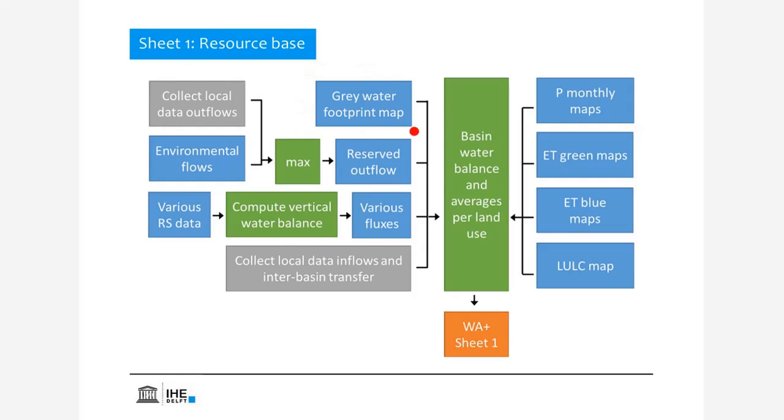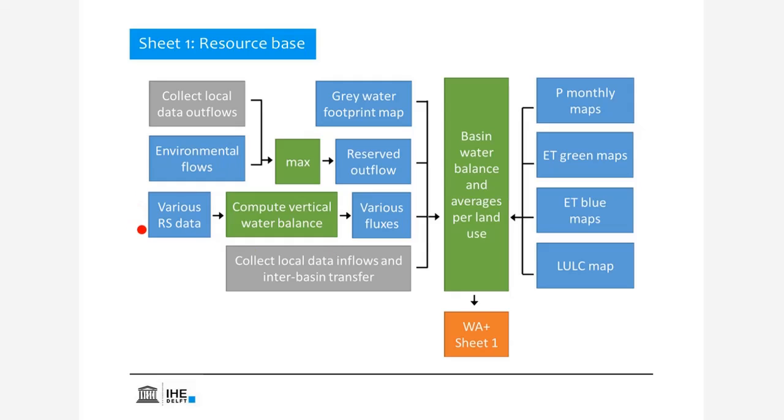We do not have it, so when you have information about pollution, you can use that, for example a gray water footprint map, to estimate the amount which is polluted and cannot be further utilized. We have all the flow of calculation related to the vertical water balance.